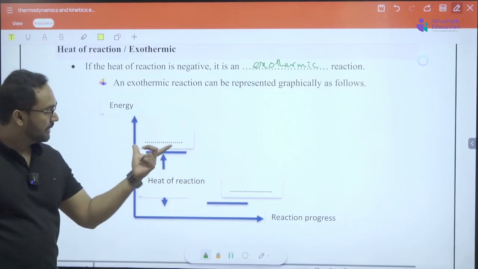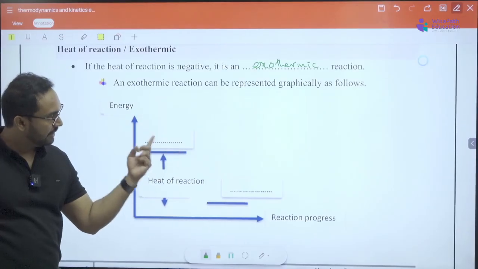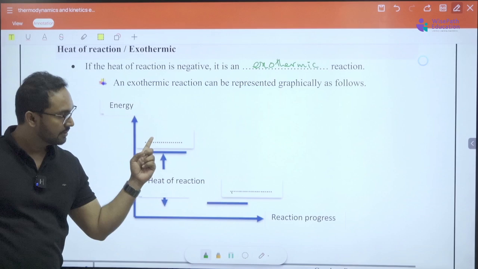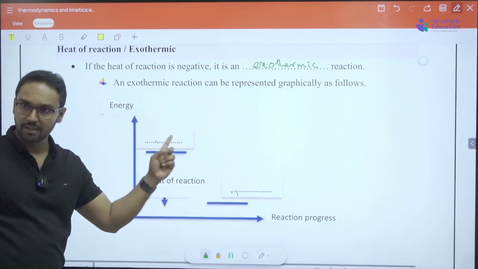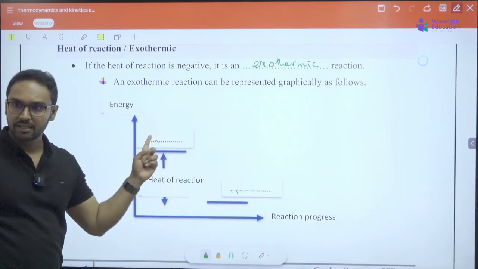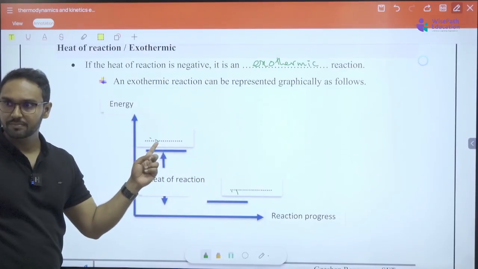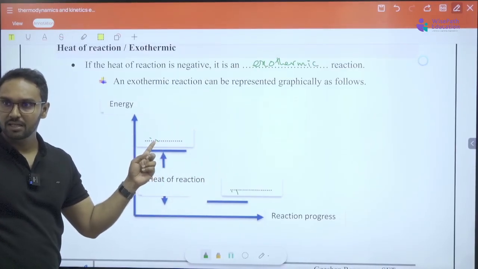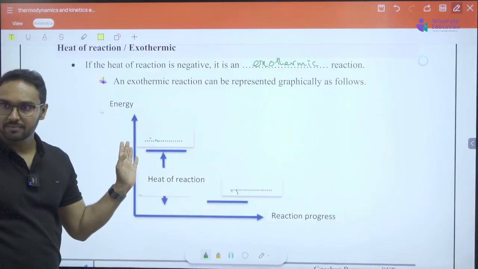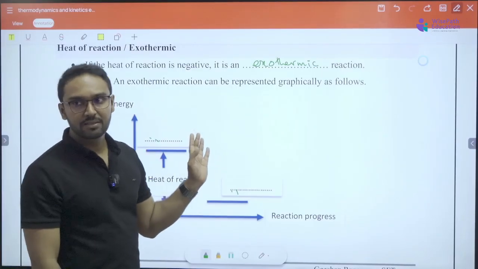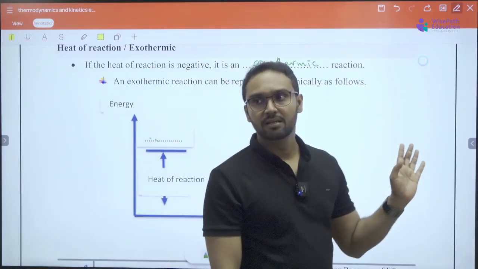So now let's say in two of these dotted lines, which should be the reactants? This one or this one? Let's say this is A, this is B. The reactant should be A or B. If this is an exothermic reaction, which has to have the greater energy, reactants or the products?